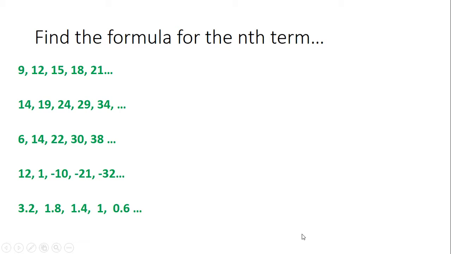Okay, so following that same process, see if you can find the formula for the nth term of these arithmetic sequences.